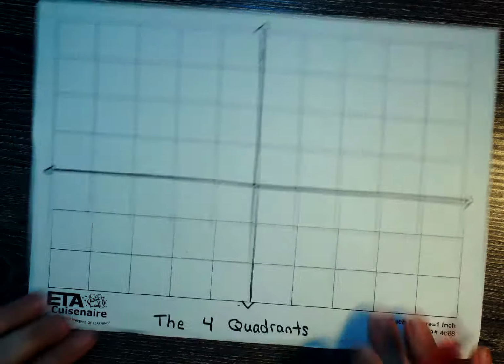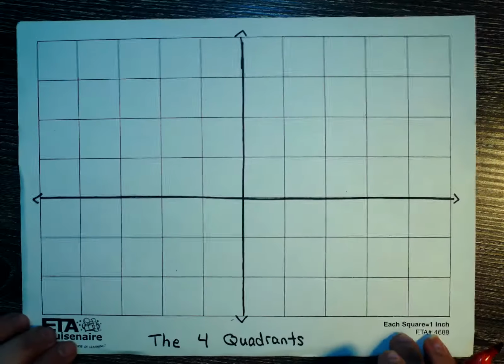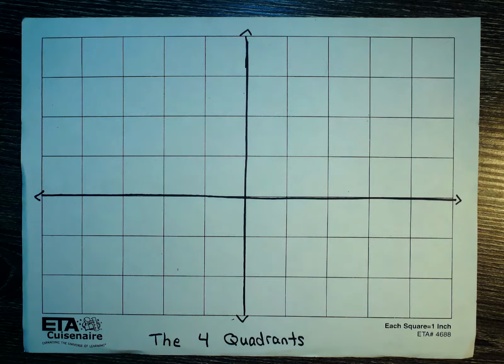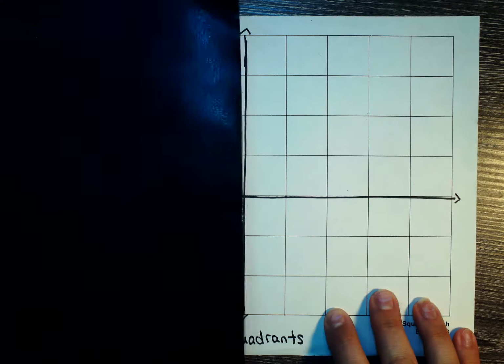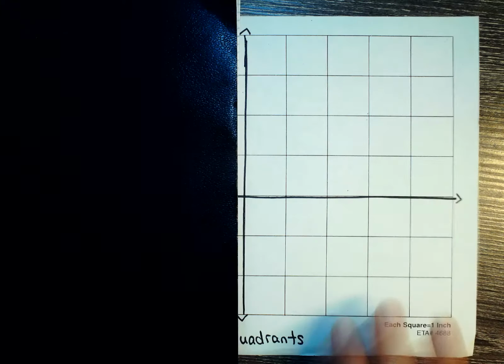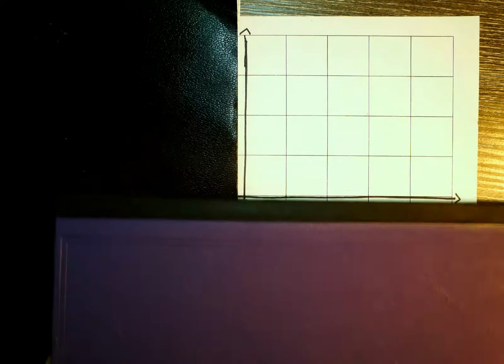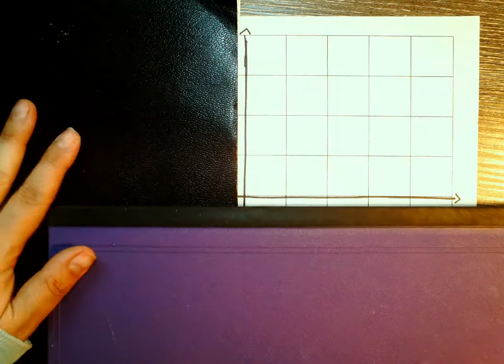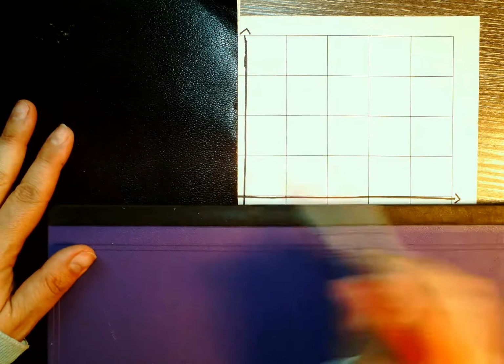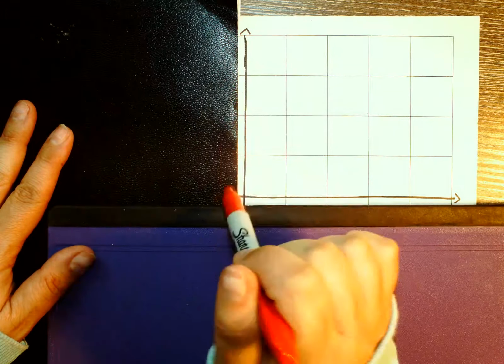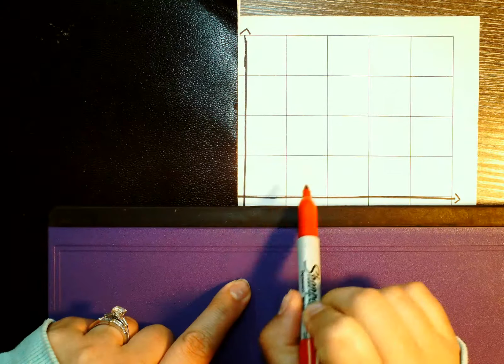Hi, everyone. This is the four quadrants. What you're used to seeing in elementary school is just this part. You're usually seeing your x-axis and your y-axis, and you're always working with ordered pairs.